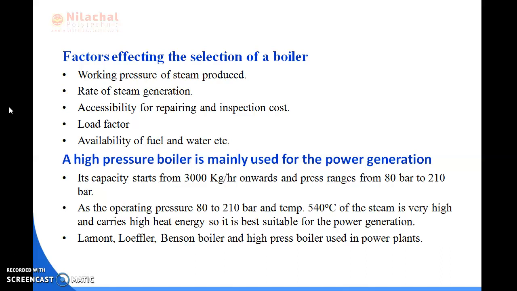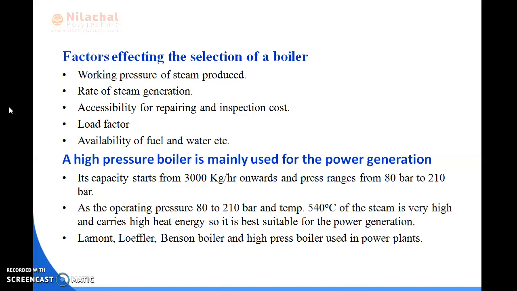Fourth point is the load factor. How much energy we have to generate, and according to that we have to install the boiler, and in that case it purely depends upon the load factor. Fifth point is the availability of fuel and water. Wherever we are going to install a plant for the generation of power, two main important requirements are there. One is the fuel, that is the coal, and the second is water.